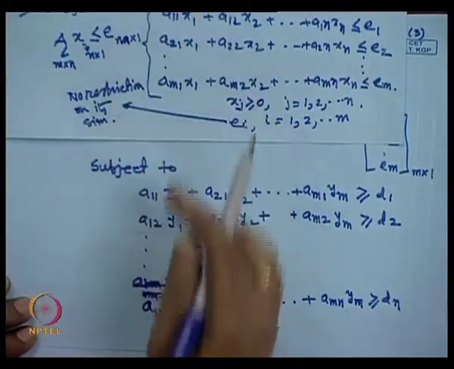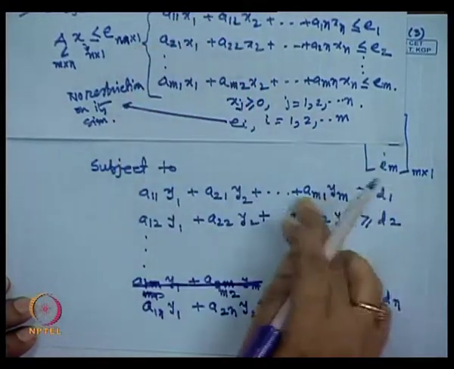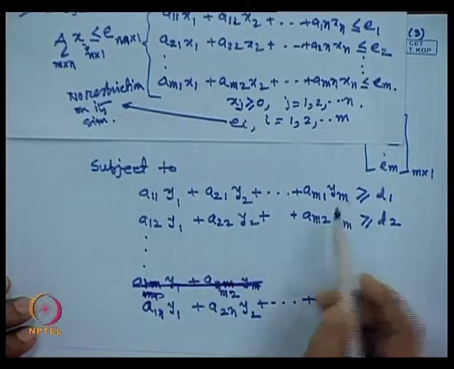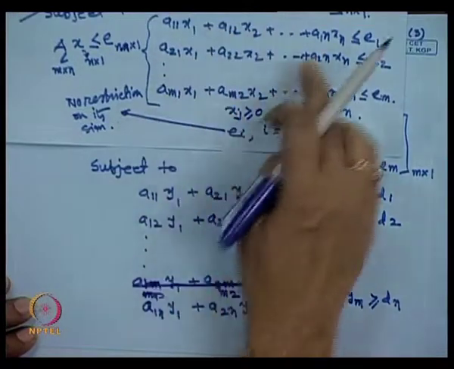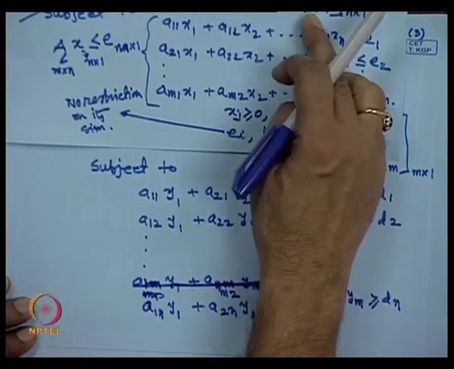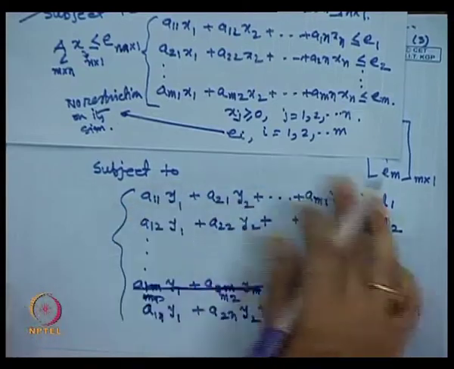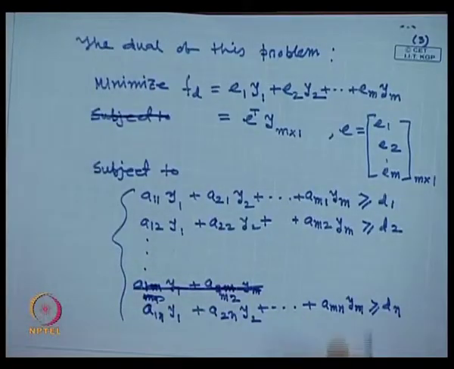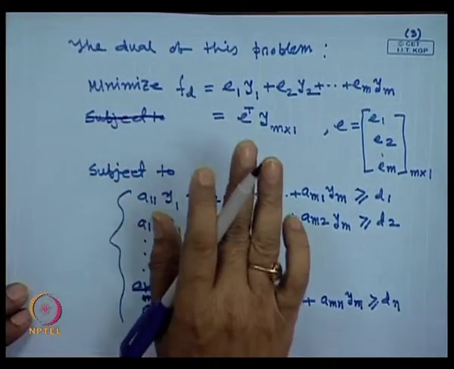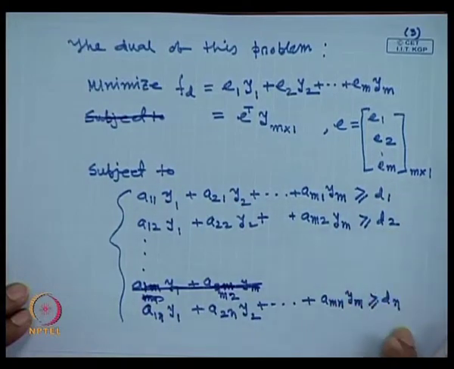The second one gives D2, and the nth equation gives Dn. So we get a set of inequality constraints where the primal objective function coefficients come to the right hand side.